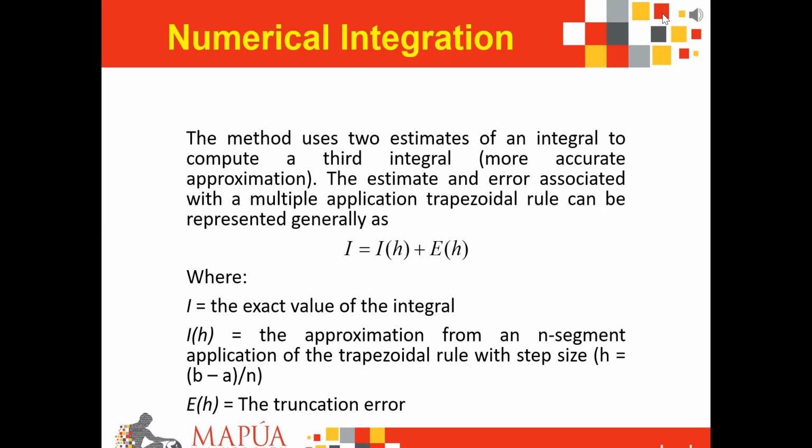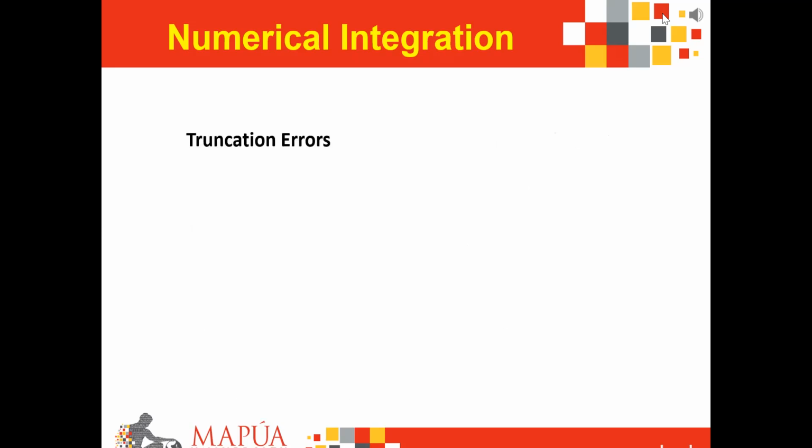Your I_h here on the formula is the approximate integral value from an n-segment application using any technique. In this case, I just sampled the trapezoidal rule. And then E_h is the truncation error associated with your technique. Again, this may be from any other technique.